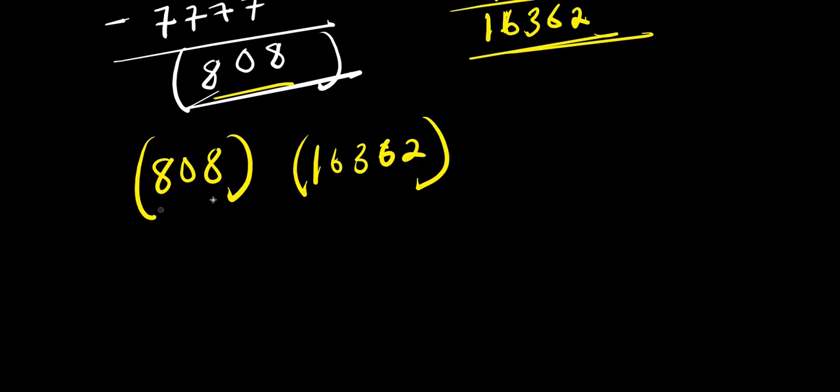Now, I can factor out 8 from here. This is the same thing as writing 8 times 1 and 0 and 1, because 8 times 1 is 8, 8 times 0 is 0, 8 times 1 is 8 again. So this forms this bracket.